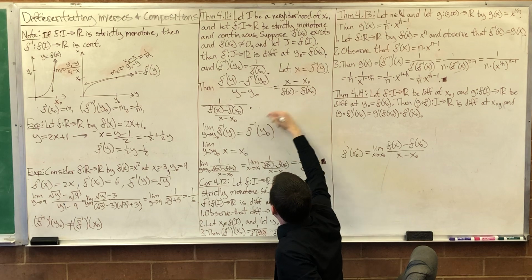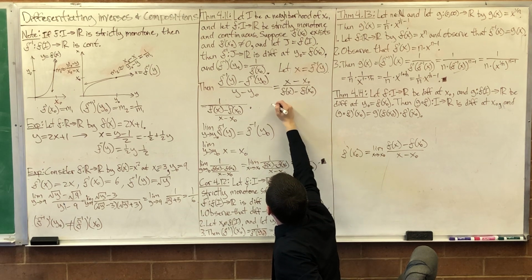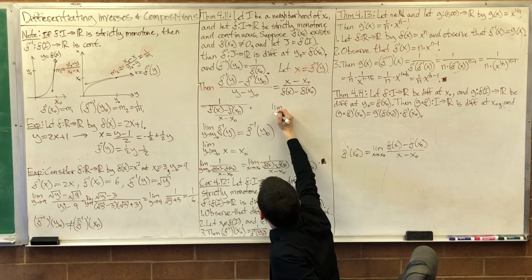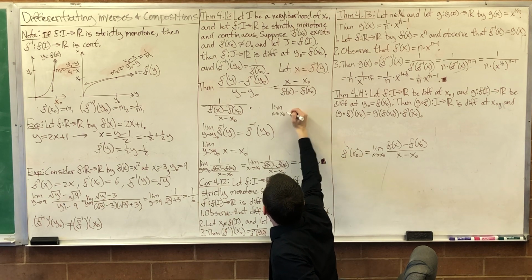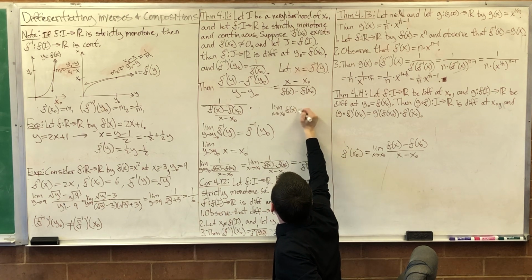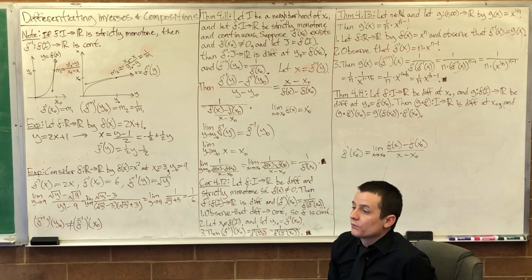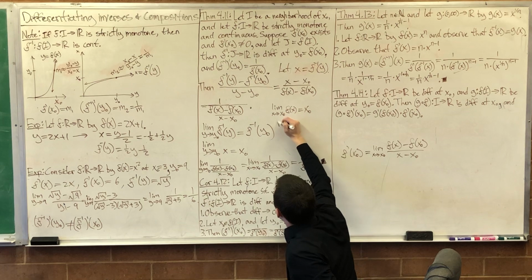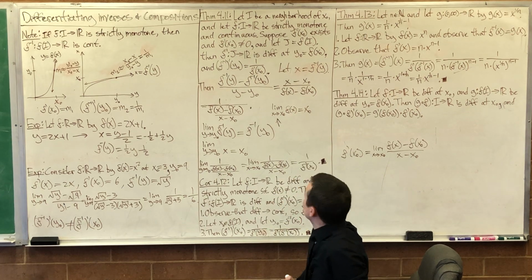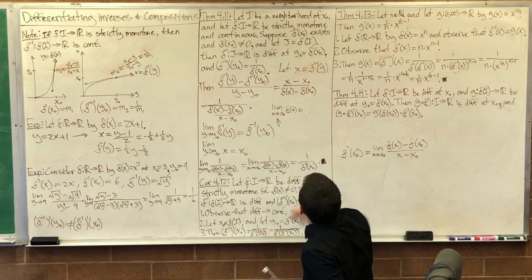It's hard to say with all the inverses and naughts. In general, we write it this way. A function is continuous if and only if the limit as x approaches x naught of f of x is equal to f of x naught. Sorry, thank you. Yes.